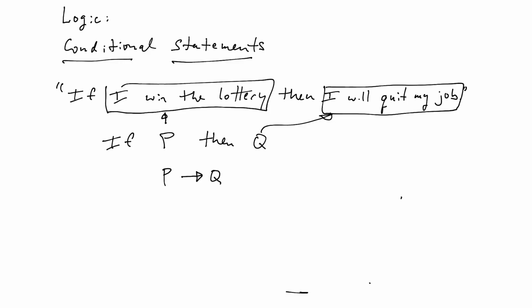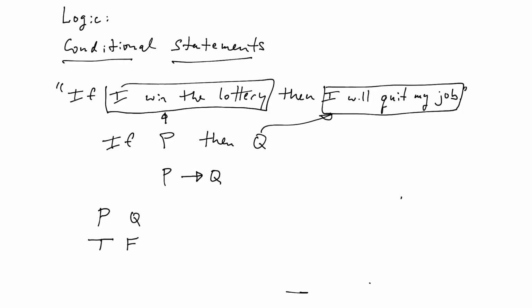So it depends. The only way really that you could prove that I'm lying is if one day you read in the newspaper that I won the lottery. So if P was true, if I actually do win the lottery, but then you find the next day there I am, so it's not true that I quit my job.